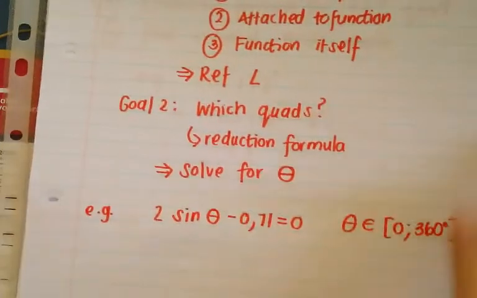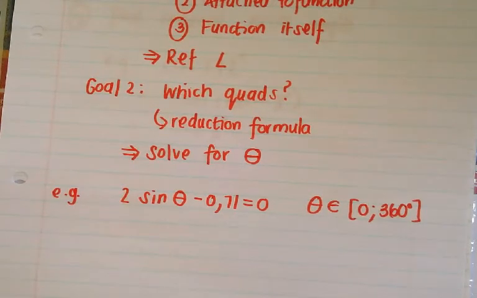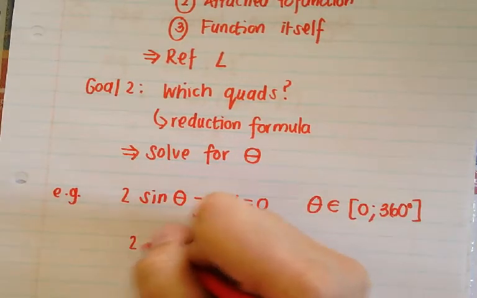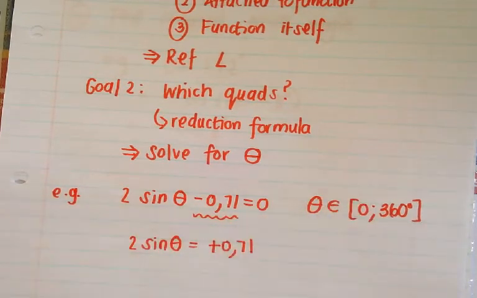My example is: I give you 2 sine theta minus 0,71 equals 0, where theta is an element of 0 to 360 degrees, so that exists on the entire plane, and I want to solve for theta. Now we just wrote that we need to get a reference angle, and we do that by taking over what's loose first. This 0,71 is the loose part, so I'm going to take it over, and it becomes positive 0,71.